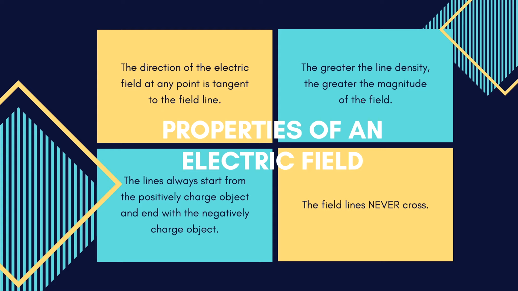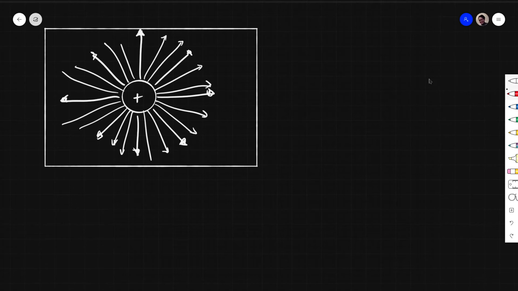The greater the line density, the greater the magnitude of the field. If you look at this illustration, you'll see that the lines nearer the point charge have smaller distances between them. The distance between here and here is smaller compared to the distance between here and here, correct?